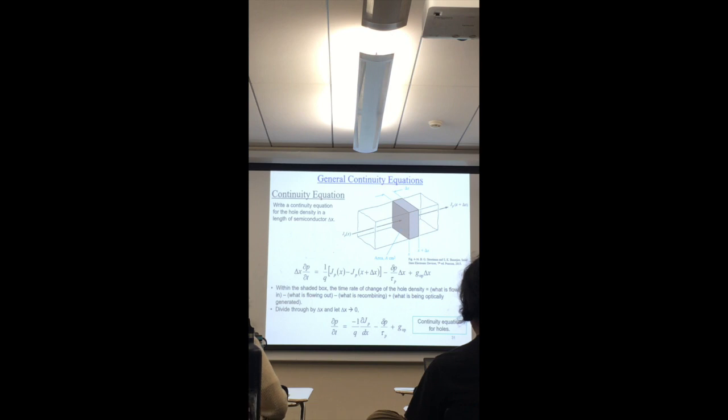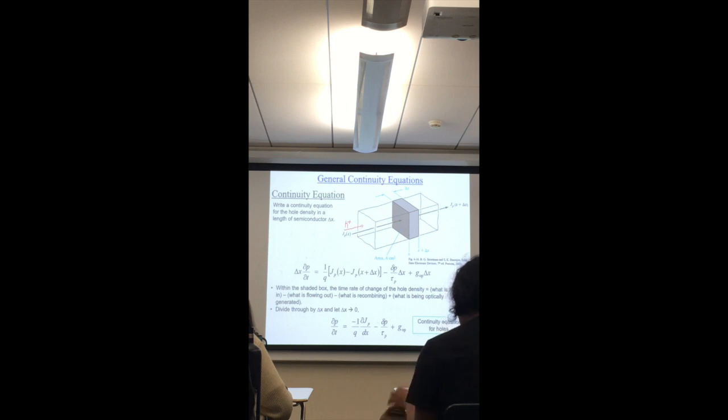So this change of carrier concentration can be affected by several things. For example, we can have current flow in and flow out. What's current? The current is basically moving charge. Let's assume we have holes, and the holes are moving here.